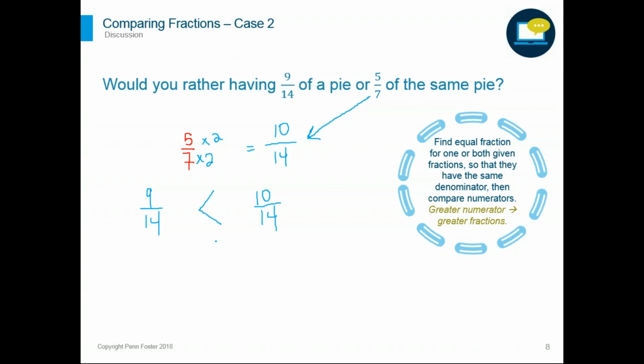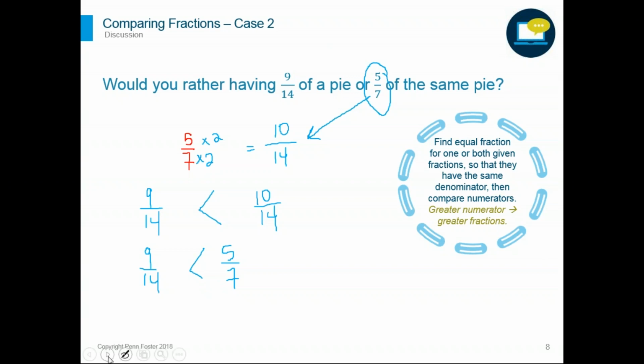So that way we are able to say that 9/14 is less than 10/14, or just to go back to the original fractions, we can say 9/14 is less than 5/7. And if you want more pie, you will then pick the 5/7 option. If you want less, then you're going to go with the 9/14.